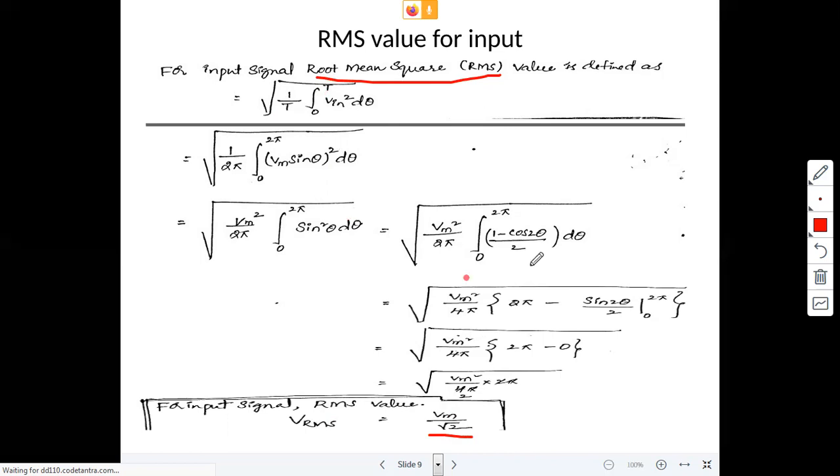These are simple mathematical simplifications: square root of 1 by 2 pi, integral 0 to 2 pi of (Vm sin theta) squared, equal to Vm squared by 2 pi, integral 0 to 2 pi of sin squared theta d theta. Then sin squared theta we can write as (1 minus cos 2 theta) by 2, then simplify, and some terms get cancelled. Finally Vrms is equal to Vm by root 2.